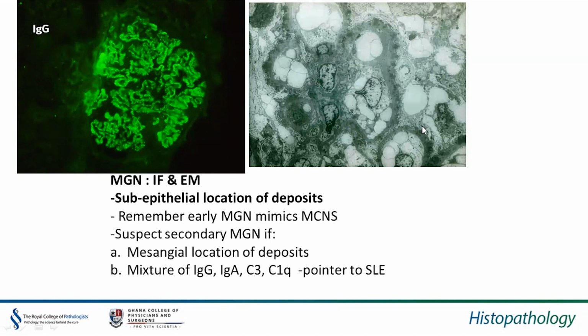And the other thing that helps serve as a pointer to secondary membranous, particularly due to lupus, is if you find a mixture of deposits with IgG, IgA, C3, and C1q, instead of only IgG, which you see in pure, primary membranous. If you find a mixture of these, then it's a pointer to SLE.